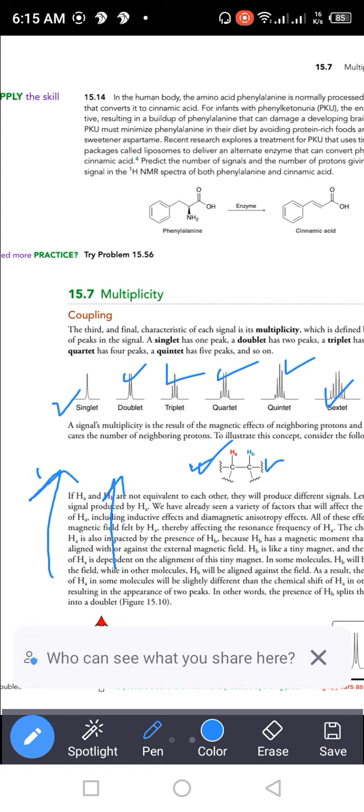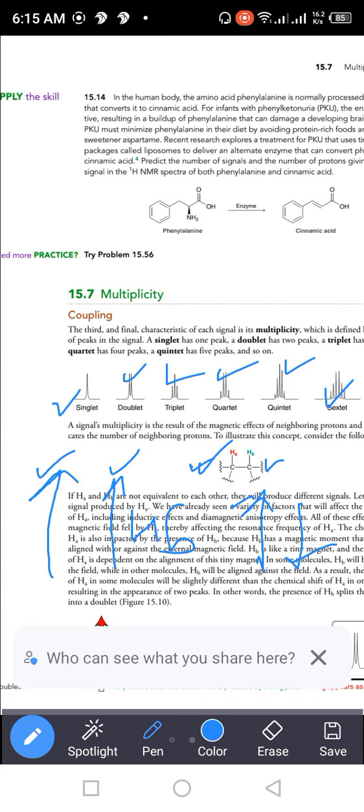This is the direction of the magnetic field and this is the direction of proton HB. Proton HB is along the direction of the magnetic field. The second case is that the direction of this neighbor HB proton with respect to the external field may be opposite, against the field.